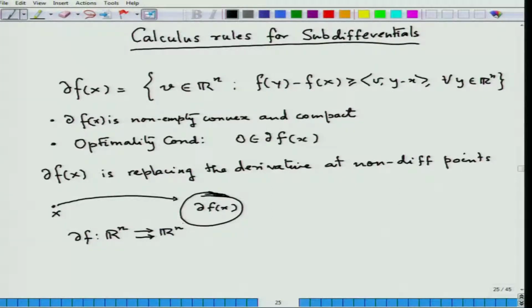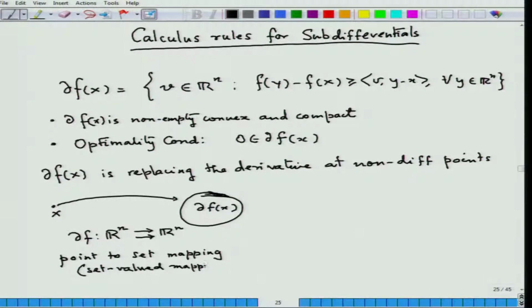It is called a point to set mapping, or set valued mapping, whatever you want to use.